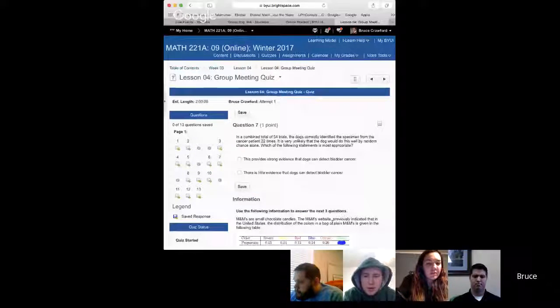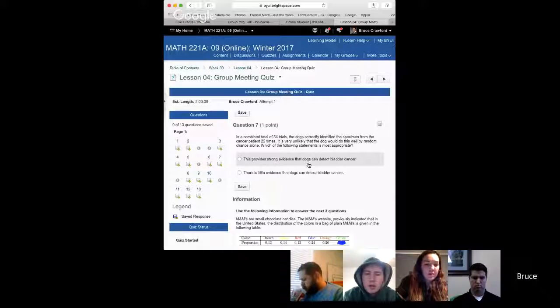In a combined total of 54 trials, the dogs correctly identified the specimen from the cancer patient 22 times. It is very unlikely that the dog would do this well by random chance alone. Which of the following statements is most appropriate? I'd say A, strong evidence. Yeah, that's what I said.